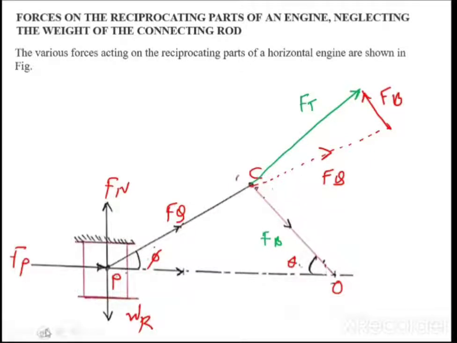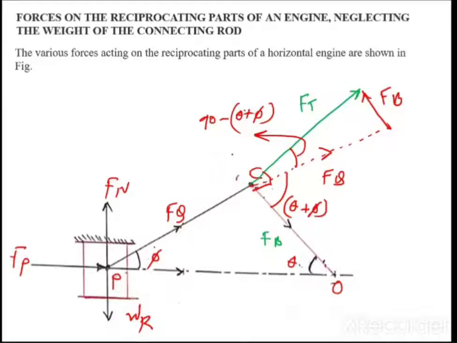Now let us understand the angle. If this total angle is 90 degrees, then this angle will be theta plus phi, and then this angle will be 90 minus theta plus phi.